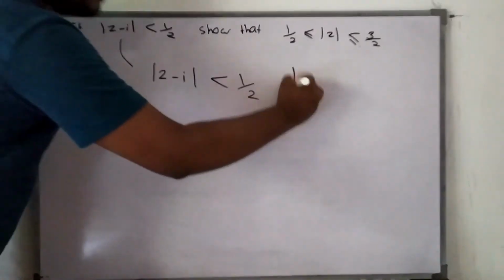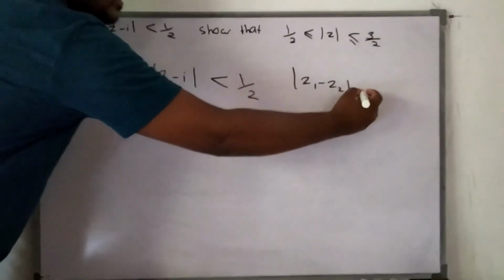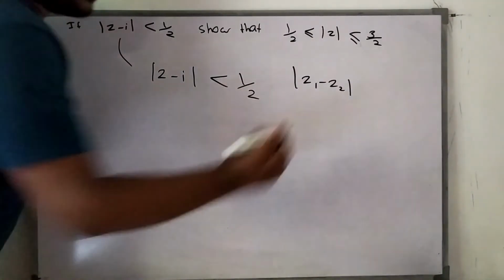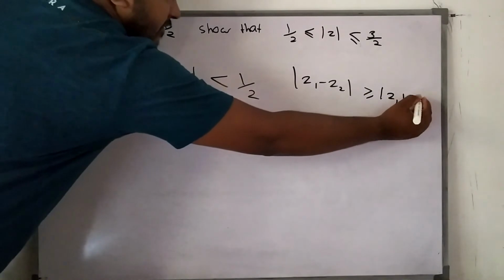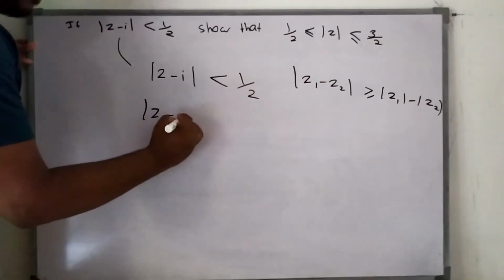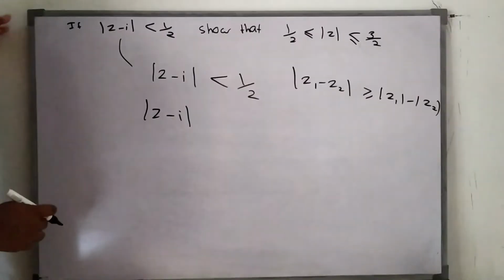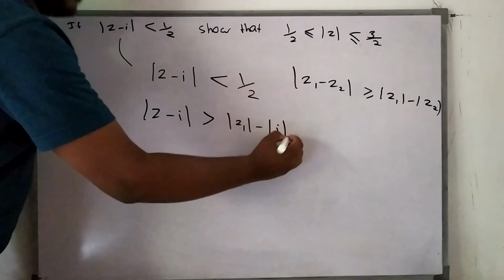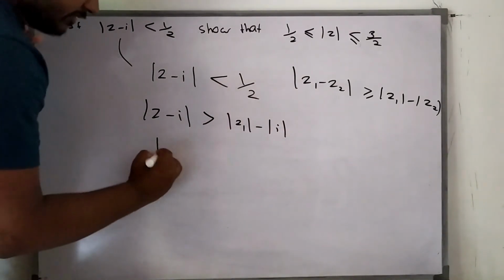So our previous result one, z1 minus z2, it was always greater than or equal z1 minus z2, right? Using this result, so here z minus I, right? It is greater than minus I. So what is this?